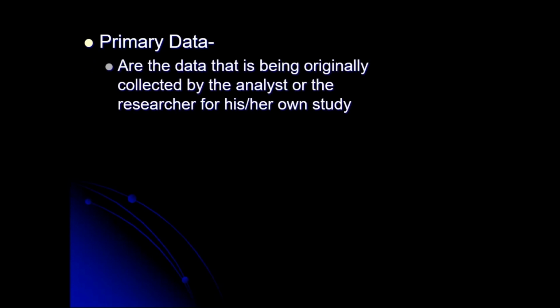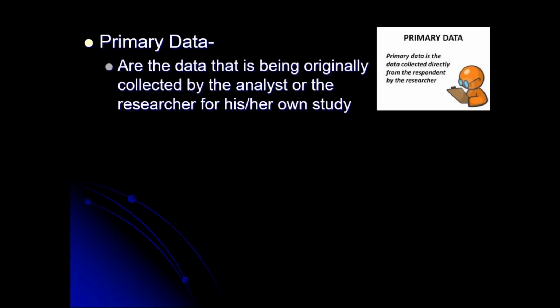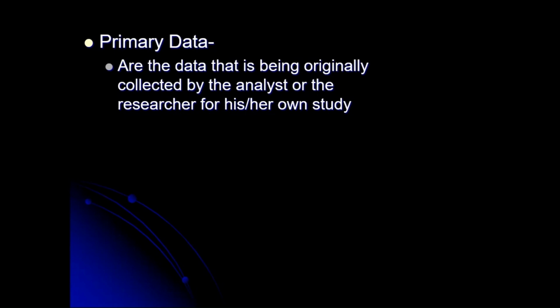When talking about data, there are mainly 2 types of data that you collect related to the existing system: primary data and secondary data. Primary data are the data that is originally collected by the analyst or the researcher for his or her own study.